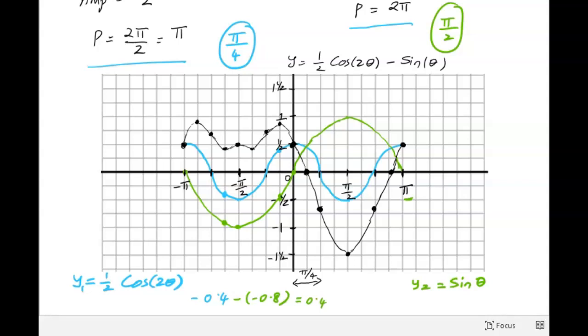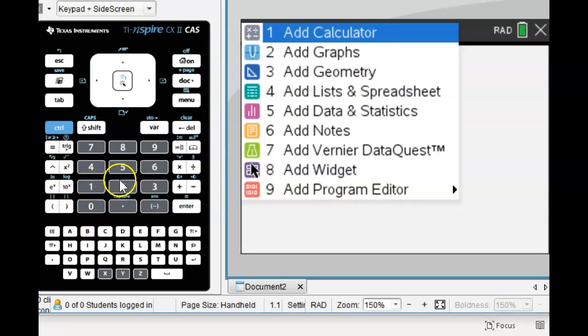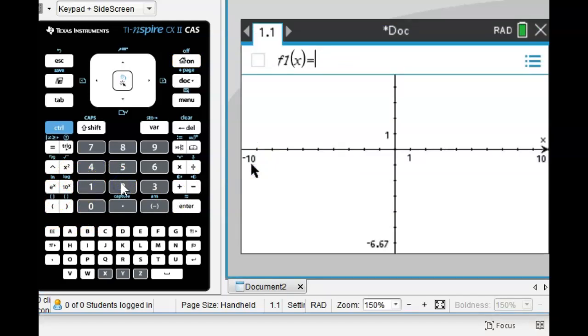So I'm going to go straight into a graphing software, which is my TI Inspire calculator, and I'm going to try and draw this graph on the CAS calculator. That way we'll be able to check our answers, whether we've done it right by hand. So I've opened up my CAS software. I'm just going to open up a new document and open a graphing page. Now we're doing circular functions, so make sure your calculator is in radians, otherwise it's not going to work.